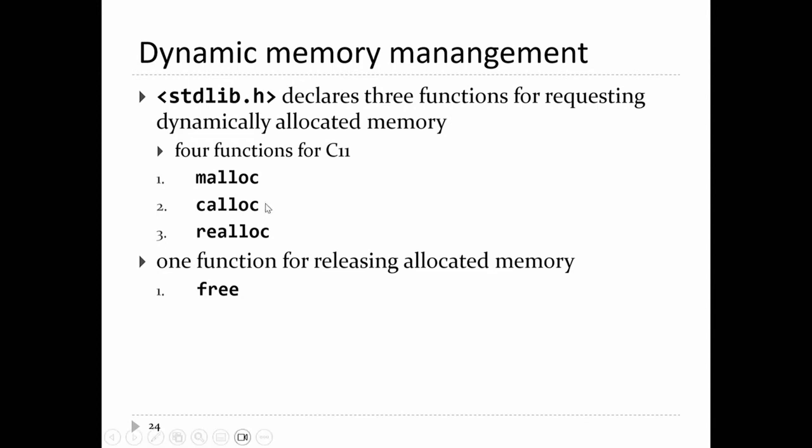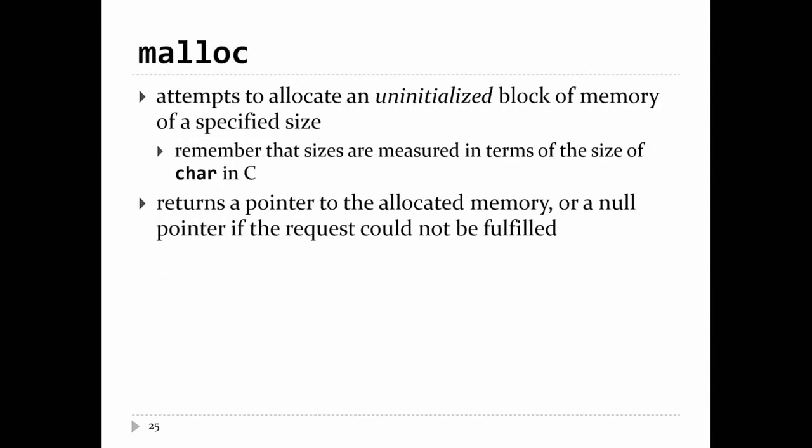Calloc is a request for a block of memory that also initializes the block of memory to all zeros. Realloc is the function that you call when you have a block of memory and you would like to change its size. When you're done with the memory that's been allocated using any one of these functions, you call free. And we'll see how to do that in just a second.